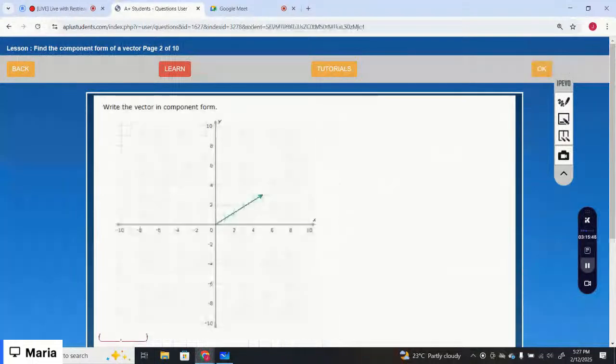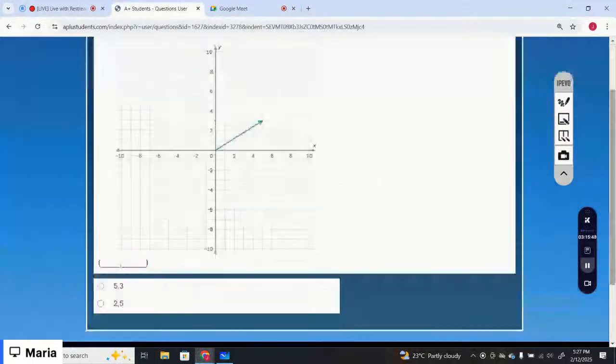Write the vector in component form. So which is the correct option?